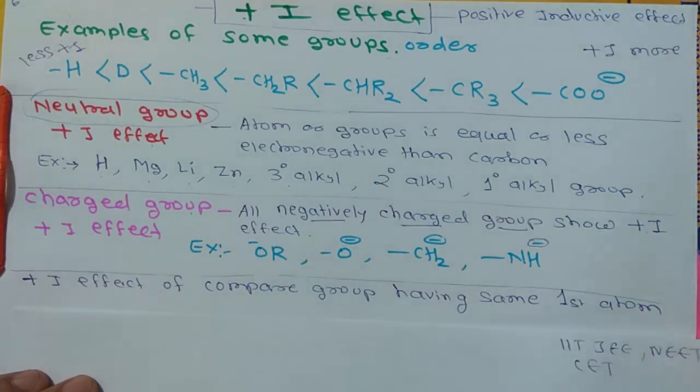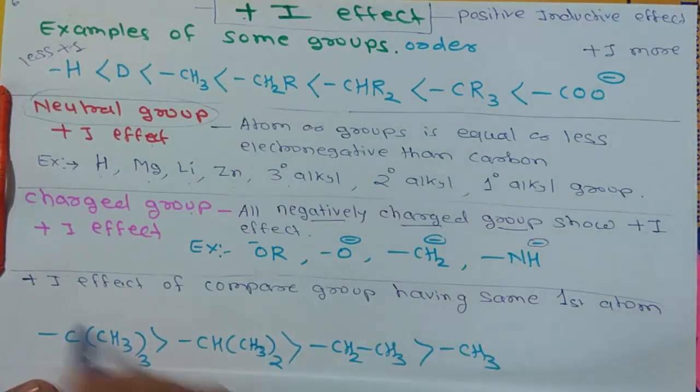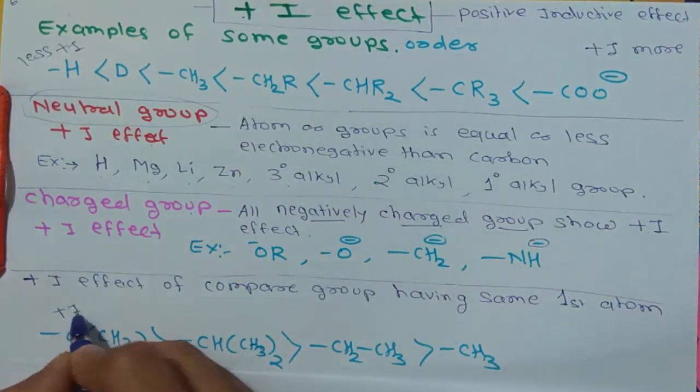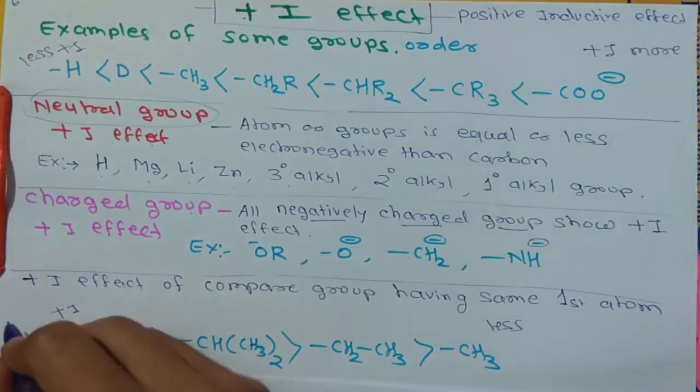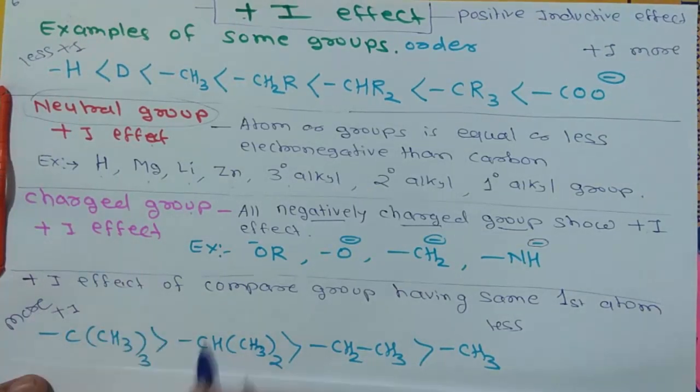Again we can look at the next example. Here it is the more positive inductive effect, and here it is the less positive inductive effect. Here trialkyl groups, dialkyl groups, then CH2CH3 and CH3.